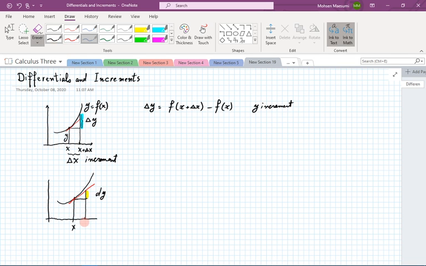This location, exactly the same as before, instead of referring to it with the increment delta x, it's referred to as differential of x added to x. So this, which is exactly the same as that delta x, is referred to as a differential of x. And this one is a differential of y.